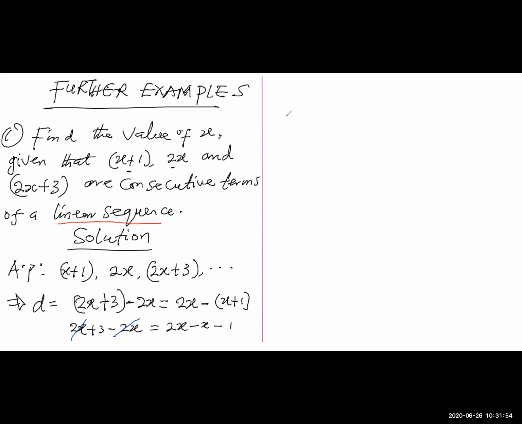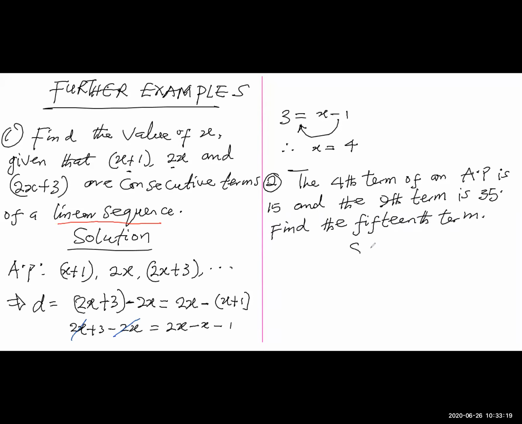So we now have 3 equals x minus 1. So minus 1 goes to the other side, therefore x is equal to 4. So if you have been waiting to use the nth term formula, of course, we would have waited to eternity without having an idea.